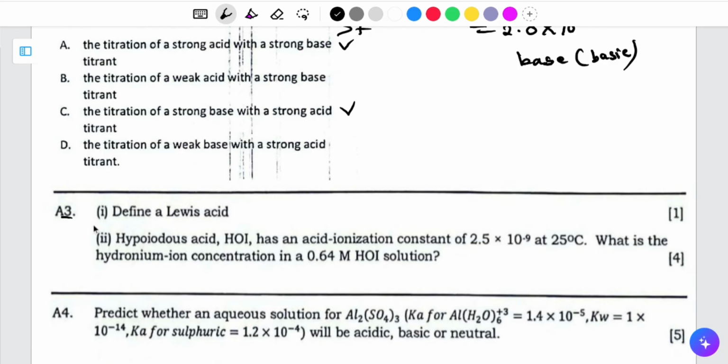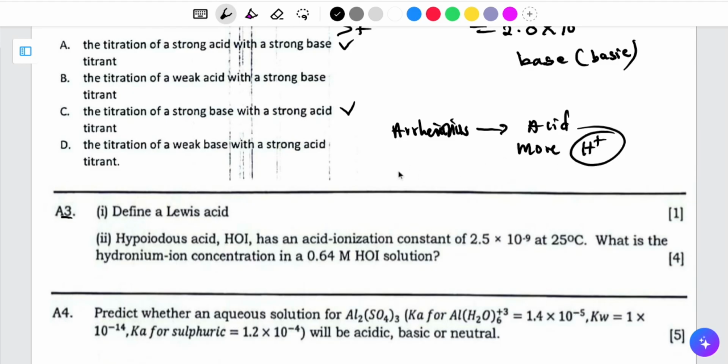Then question 8b, define a Lewis acid. So when you talk of a Lewis acid, let me start with Arrhenius. Arrhenius theory mostly focuses on a solution. An acid is a solution with more protons, or let me just say hydrogens. That is an acid. Then a base is a solution with more hydroxide.